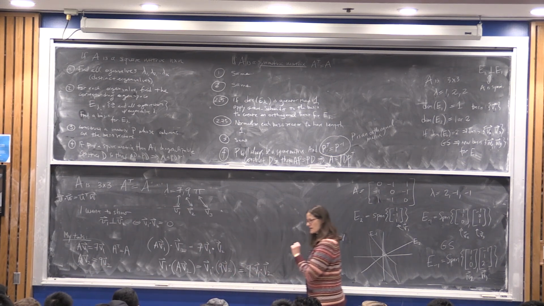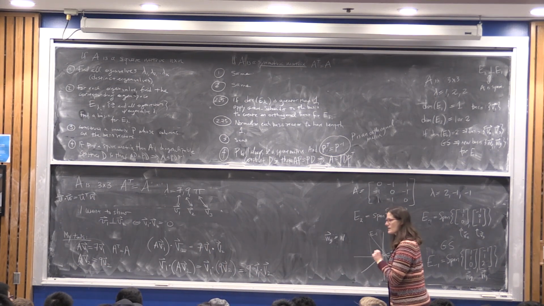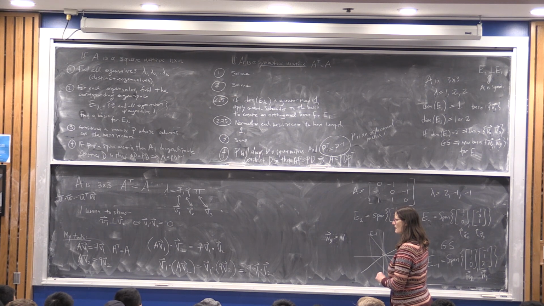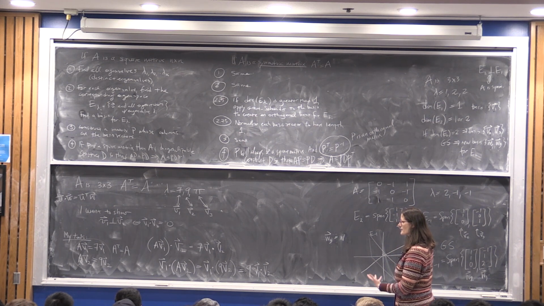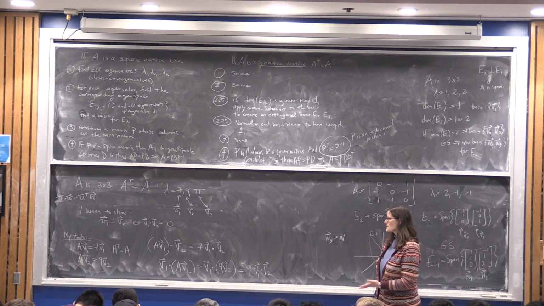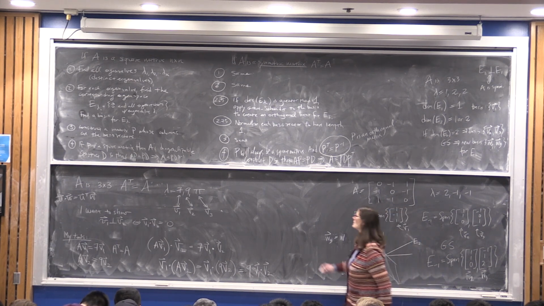And this is going to be the big thing. So I've used that v1 and v2 are eigenvectors. I have not used that A is symmetric. And so I'm going to somehow bring transposes to the party, which I'm going to do through the dot product.